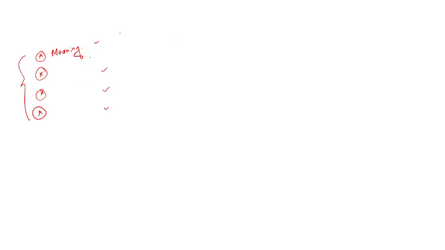So first we have the meaning, followed by the functions. Then we have qualities. Then we have our classification.